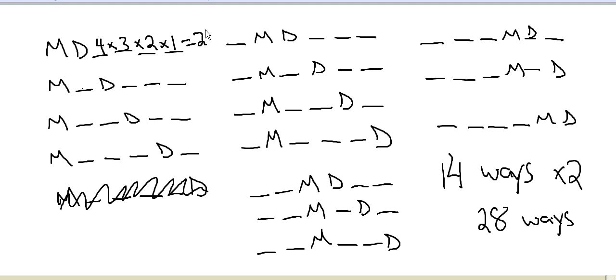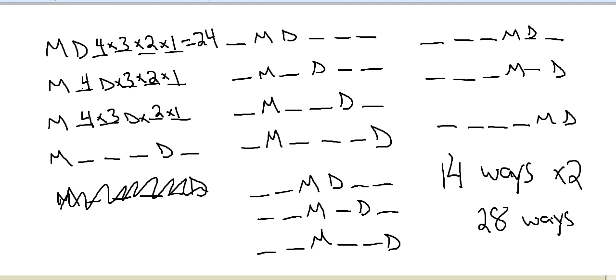And that makes up 24 possibilities. 4 times 3, 2 times 1. So we have 24 possibilities for each one of these. And you'd keep doing this for all 28, or 14 here, but a total of 28 different ways.